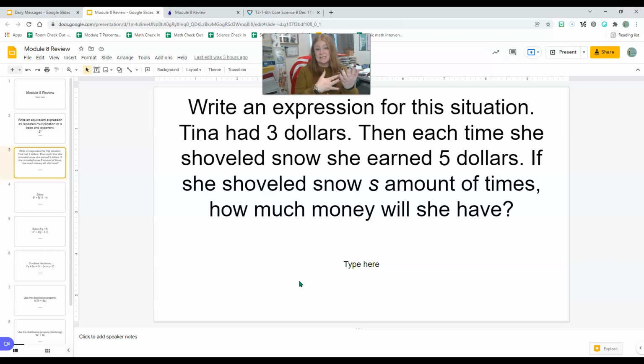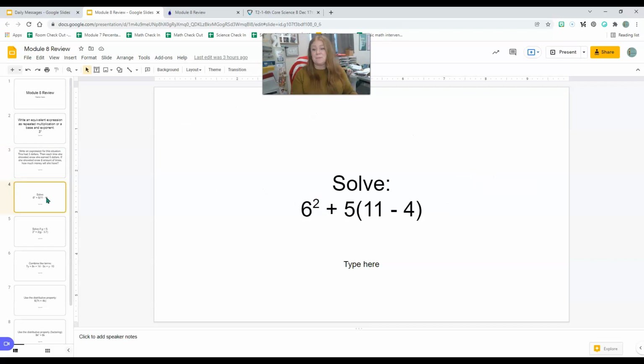So whatever S is, we would times it by 5 and then add on the $3 she already had. So she's shoveling snow. Each time she does that, so we're multiplying by 5 and adding on the 3 that she already has. She had it to start.